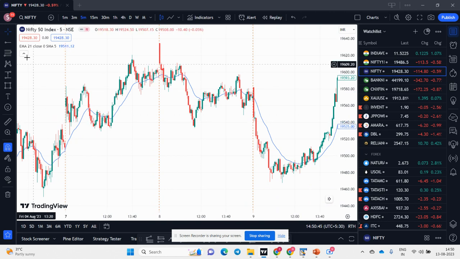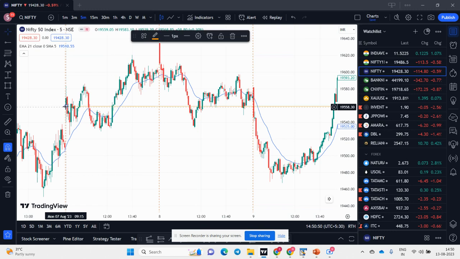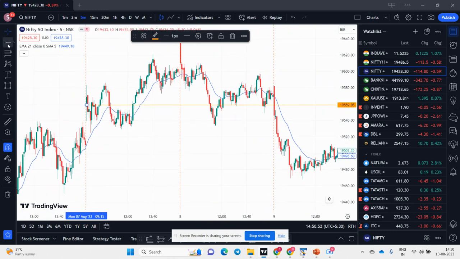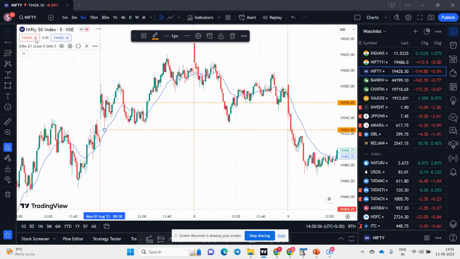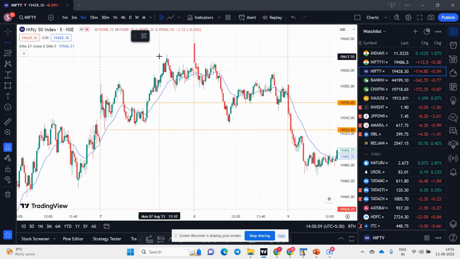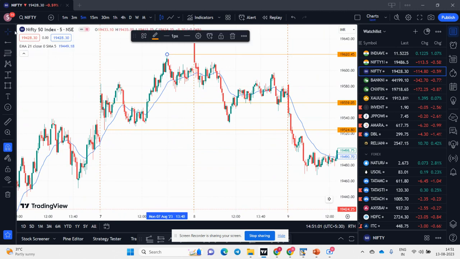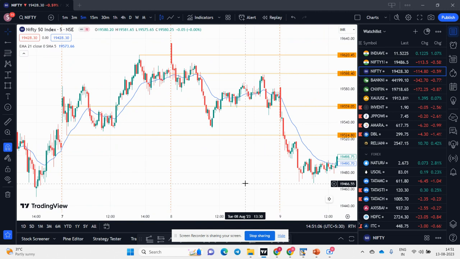So I'm drawing again the open, low, high, and close. If you see that the first candle on 8th, a red candle, has crossed this one, we can't give an entry right now, right?